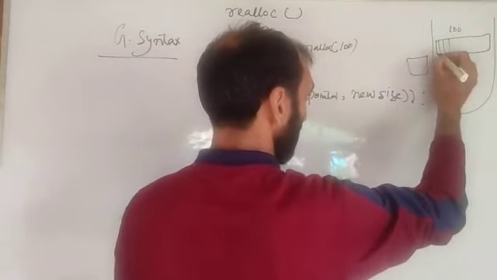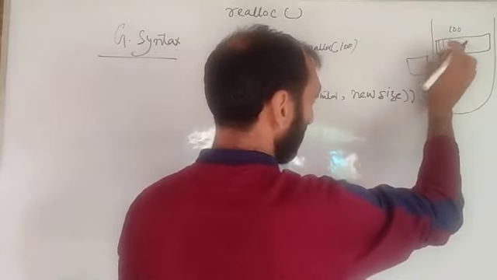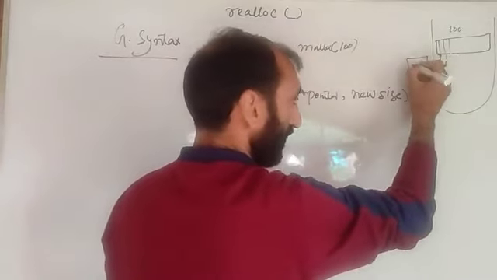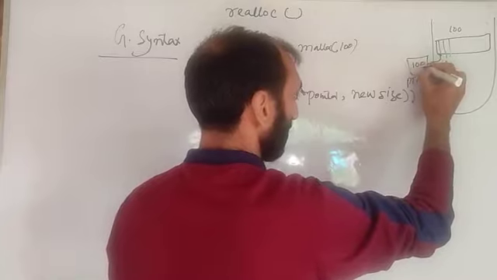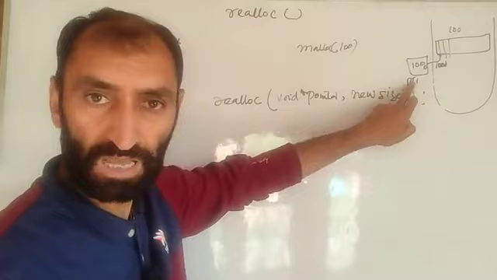If 1000 is the address of the first byte, the base address of this memory block, and ptr is the pointer, then malloc returns the address of the first byte, so 1000 is going to be stored in ptr.